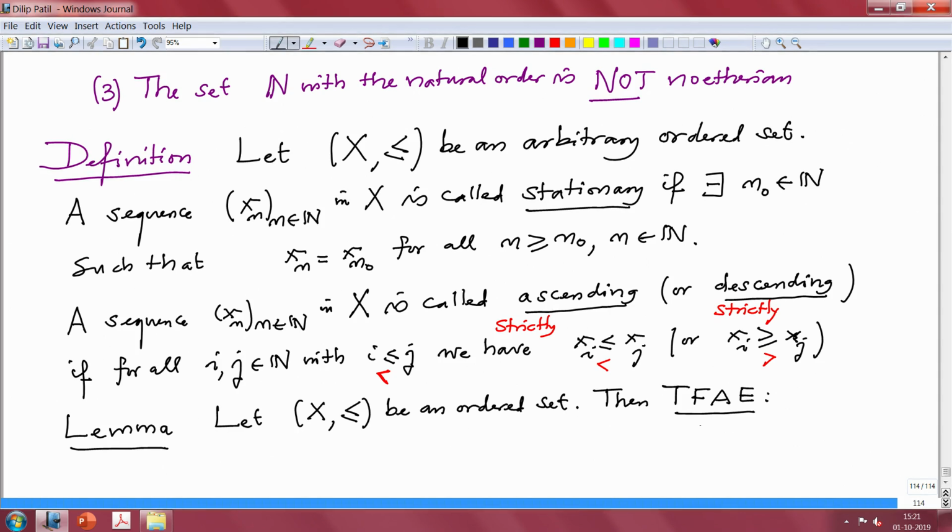I will use this abbreviation throughout the course. This stands for the following are equivalent. So, what are the statements? 1, X is Noetherian.